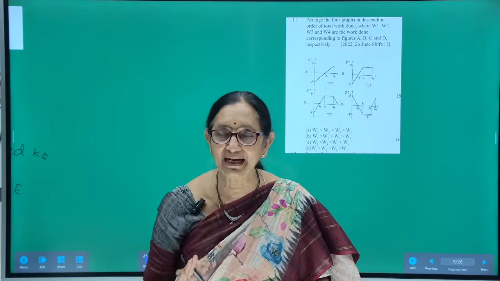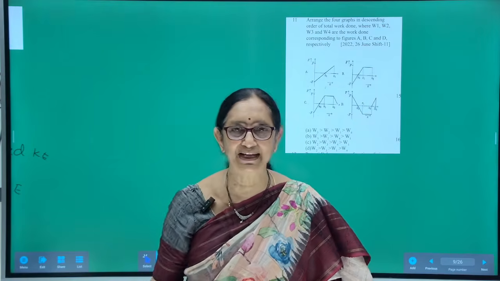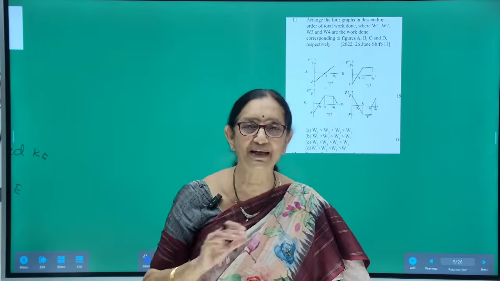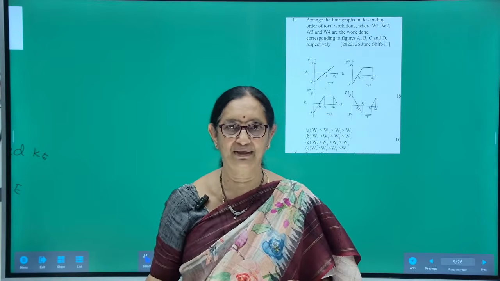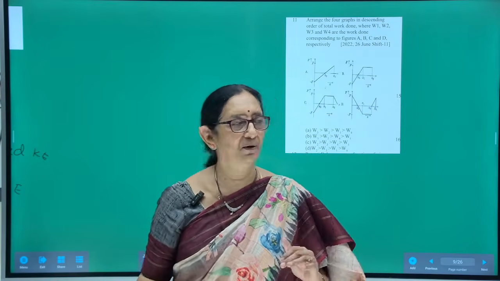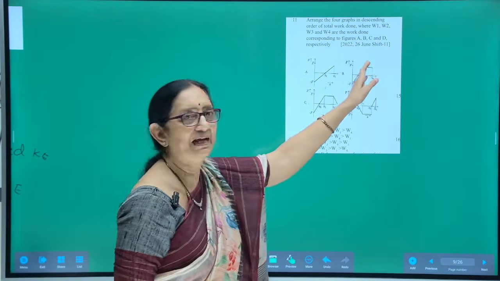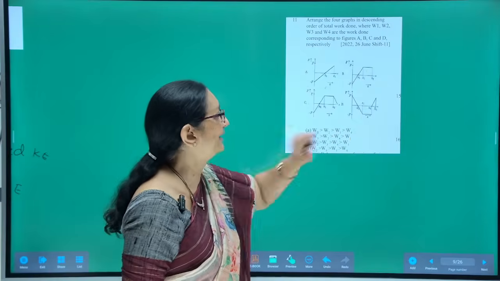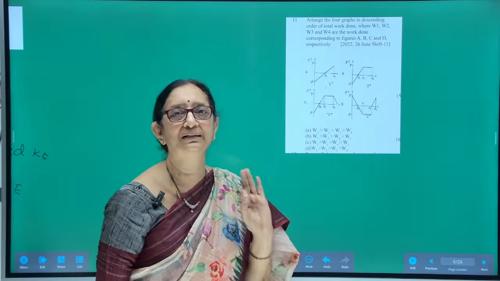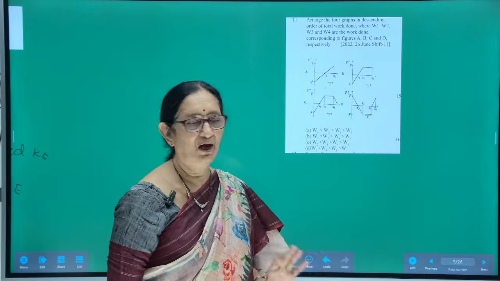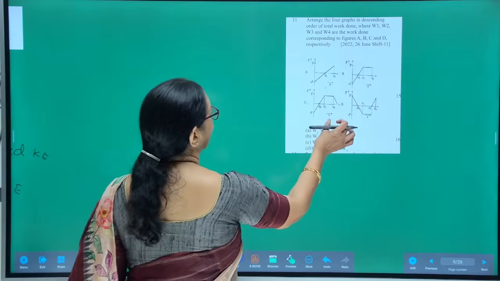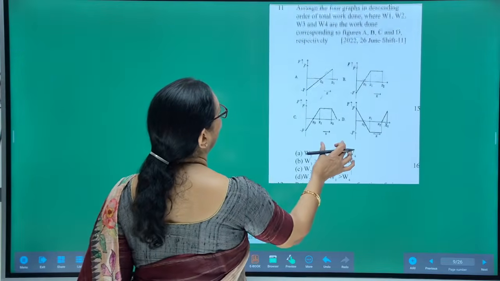The area bound by the force displacement graph with the displacement axis gives us work, right. If the area is on the positive side, work done will be positive. If the area is on the negative side, work done is negative. Okay. So, here let us try to find out the areas.